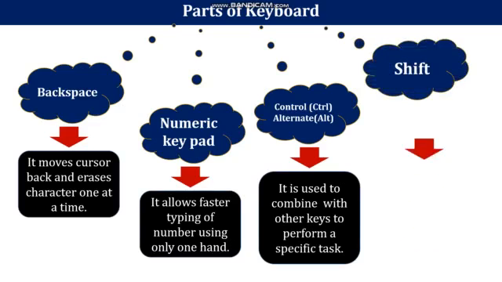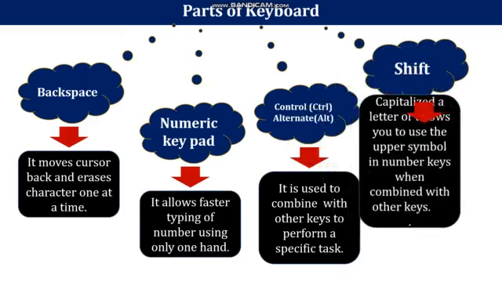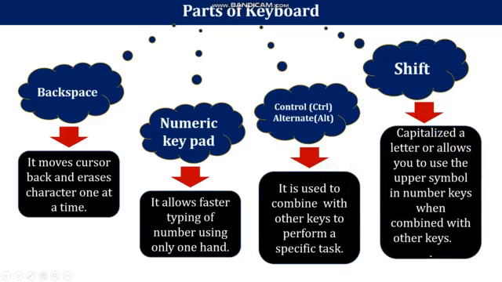Next is shift. Now shift is used to capitalize a letter, or allows you to use the upper symbol on a numeric key when combined with another key. Now next, parts of keyboard, some more keys.